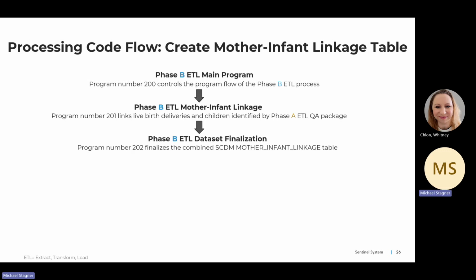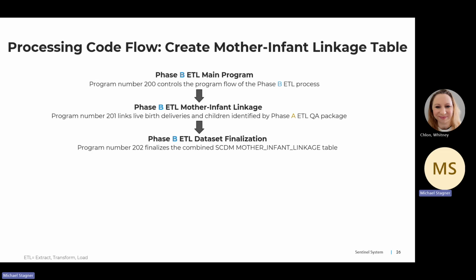So after Phase A, the creation of the core tables, you can also run the mother-infant linkage portion of the code, which has to happen after the Phase A ETL has been run and the quality assurance package has been run on it.